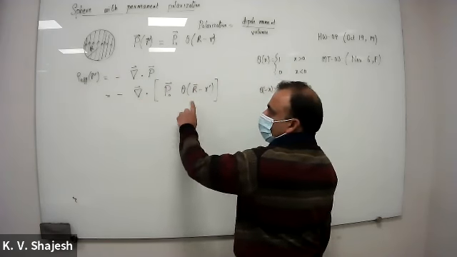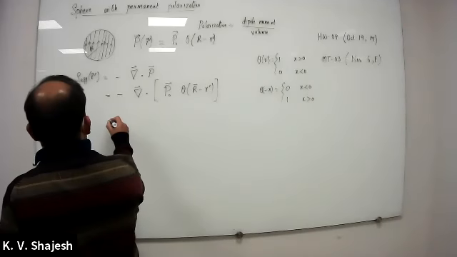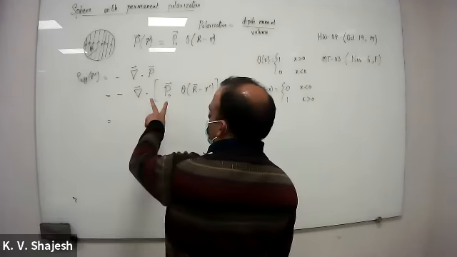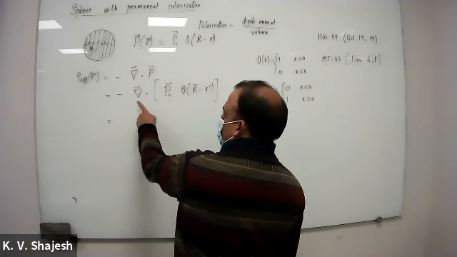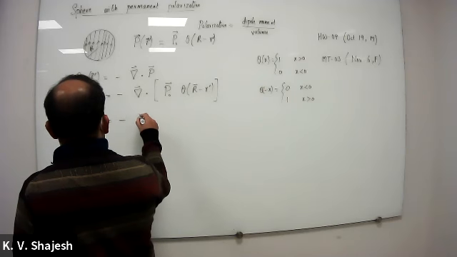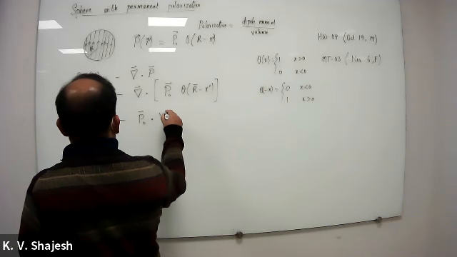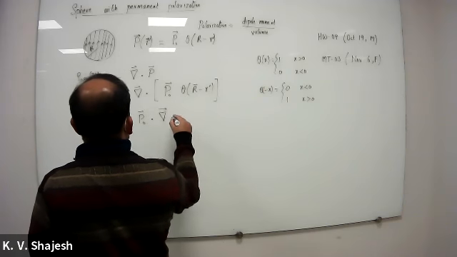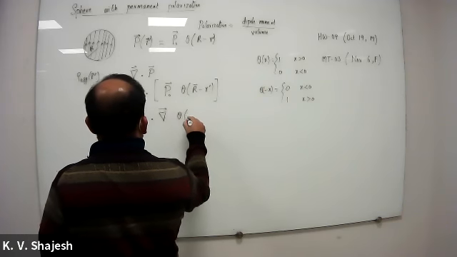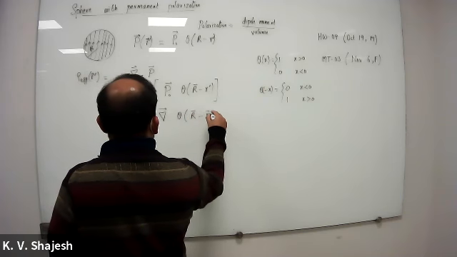The gradient only acts on this piece. So I'll flip these two because this is not going to act on that. So this is the same as P naught dotted with the gradient acting on the step function of R minus R prime.